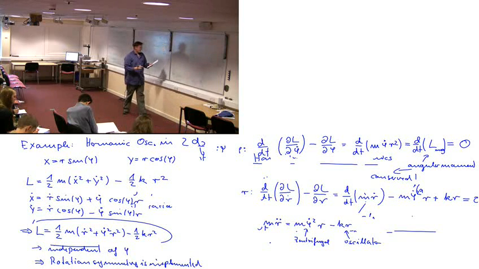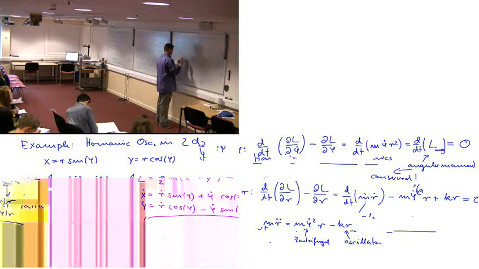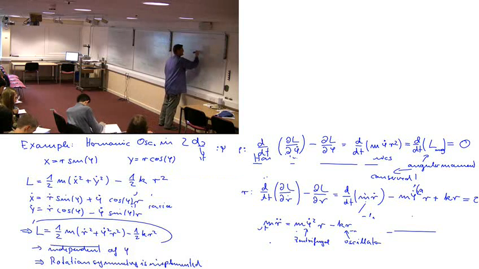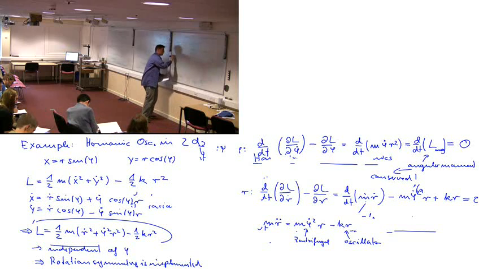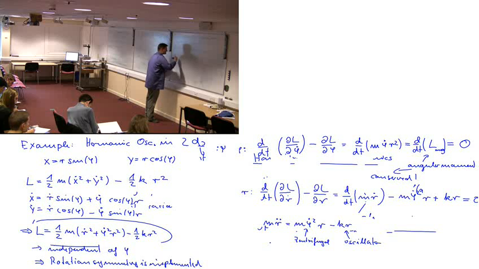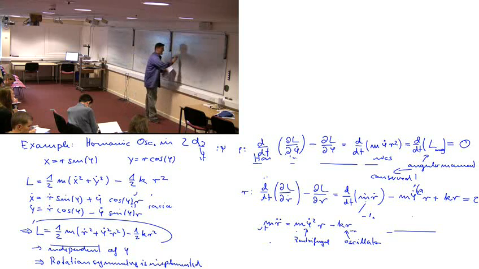Which is that we have a thing called the action, which is, and we'll come to the definition of this word in a second, a functional, most of the time called S, which is a functional of the generalized coordinates and their time dependence.